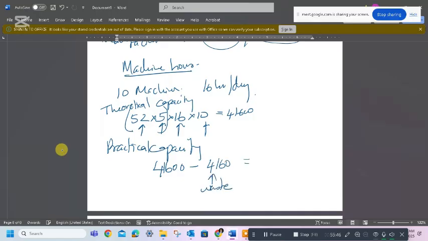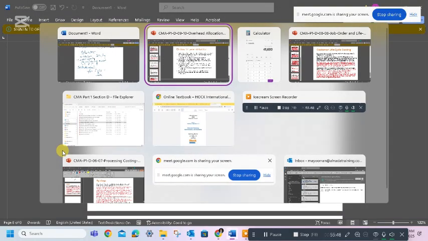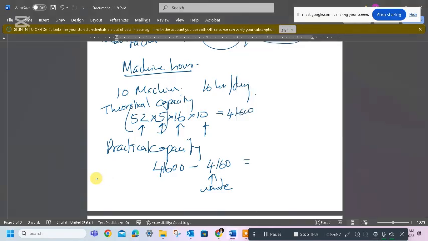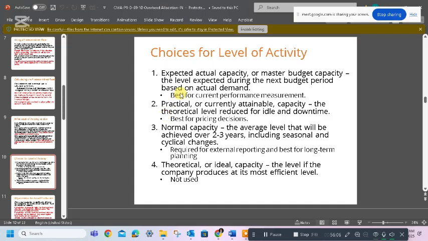So actual hours that are possible to be used: 41,600 minus 4,160, 37,440 hours I will take as the capacity. This is called practical capacity. That is the second point. First I explained the fourth one, now I explain the second one.